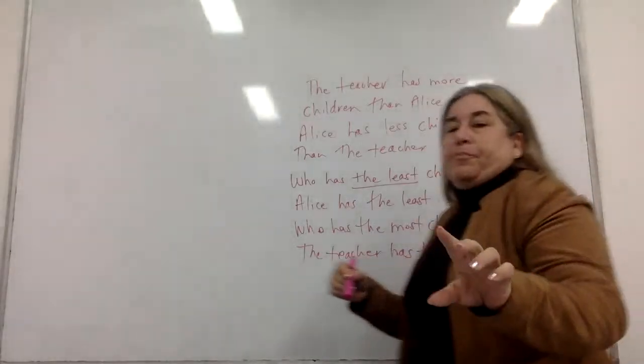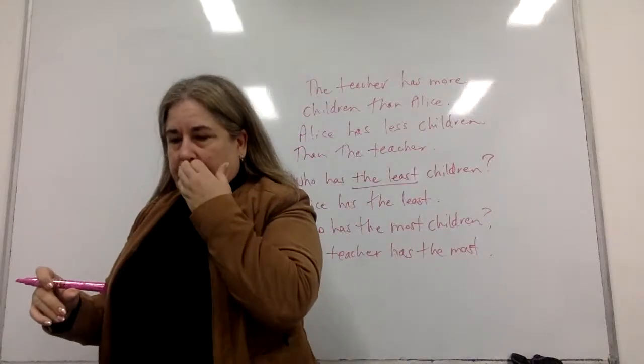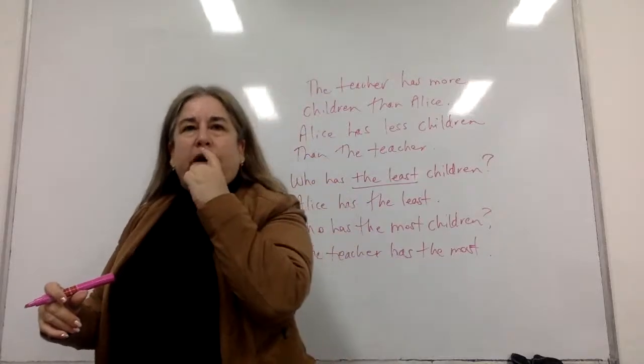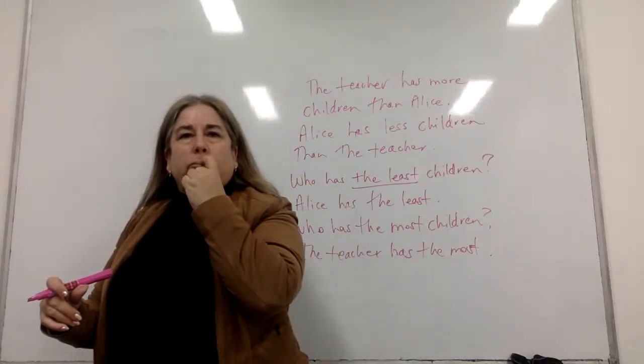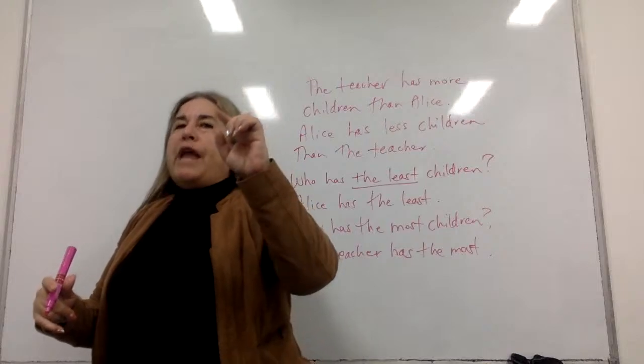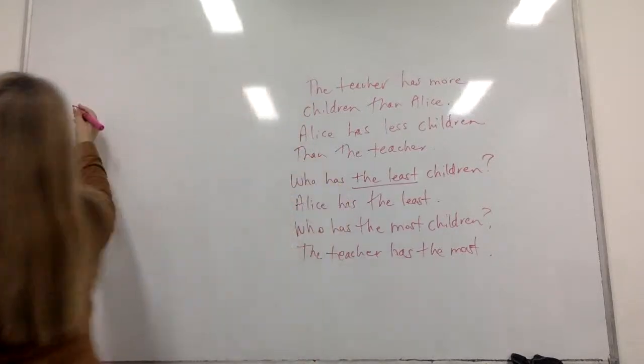Okay, let's say, for example, how many brothers and sisters do you have, Angela? A brother and two sisters. Okay, so can you name them from top to bottom in age? Who's first?